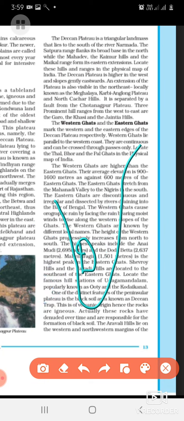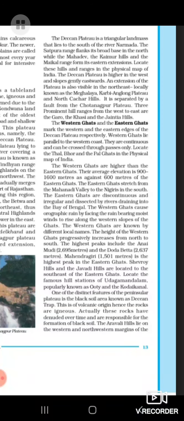The Western Ghats are higher than the Eastern Ghats. The average height of the Western Ghats is 900 to 1600 meters. The Western Ghats cause orographic rain by facing the rain-bearing winds.